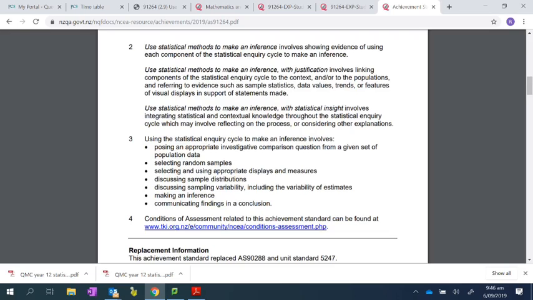Then you're going to be using statistical methods to make an inference, and we'll talk a lot about what that means. And look at number 3, very important. Number 3 shows you pretty much what your assessment will look like. You're going to use the statistical inquiry cycle to make an inference involving posing an appropriate investigative comparison question from a specific set of data.